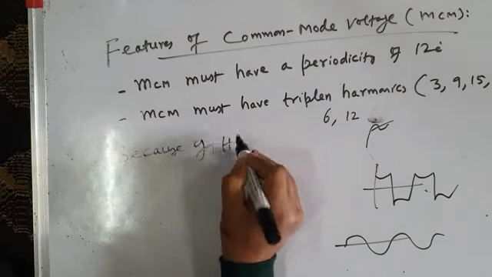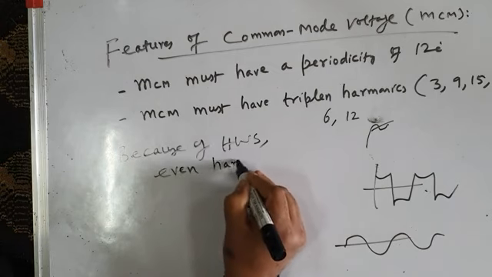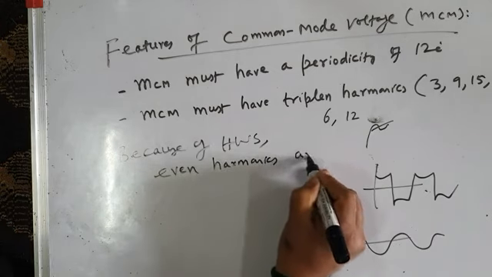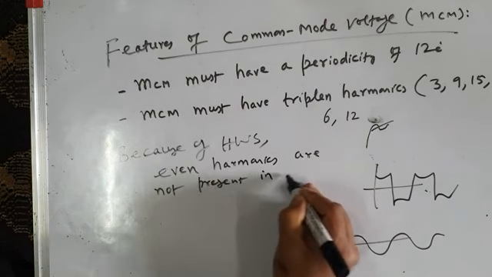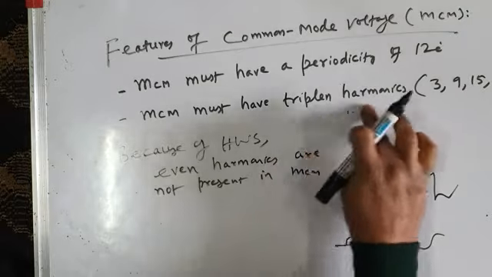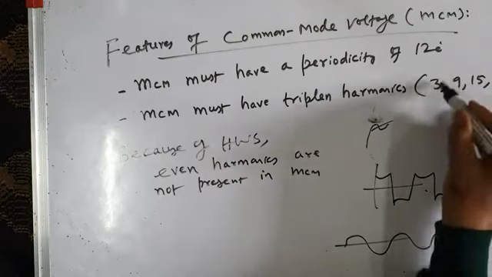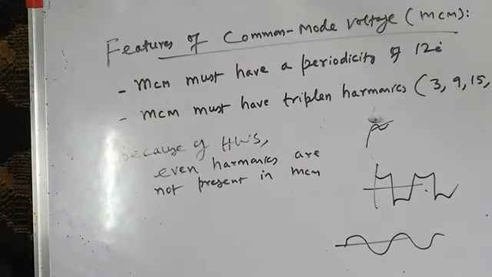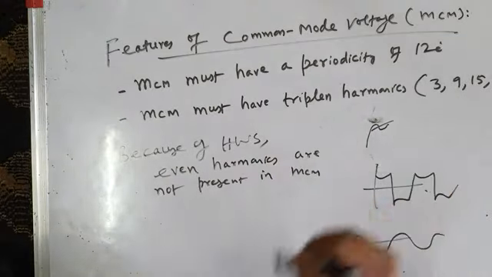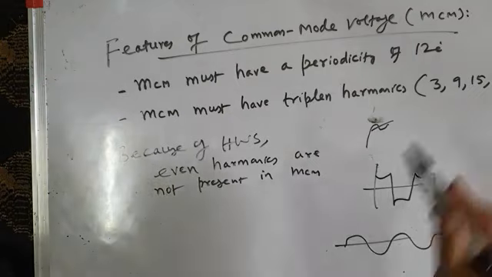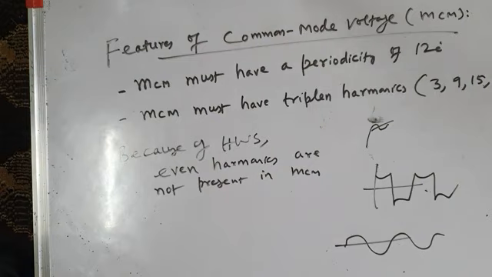Because of HWS, that is half wave symmetry, even harmonics are not present in the common mode signal MCM. That is 6th, 12th, etc. are not present; only odd harmonics, and the third harmonic and multiples of third, that is triplet harmonics, are present there. Since the waveform has a periodicity of 120 degrees, it has a frequency of 3 times the fundamental frequency, so obviously it will have all triplet harmonics: 3rd, 9th, 15th, 21st, and so on.